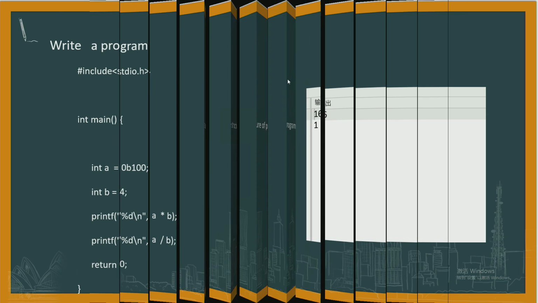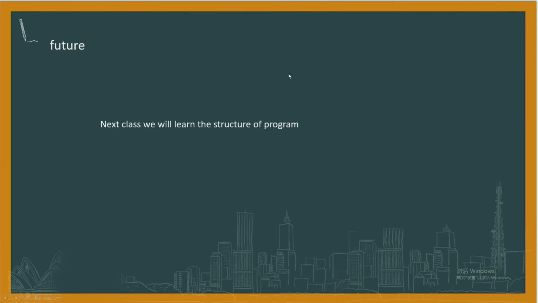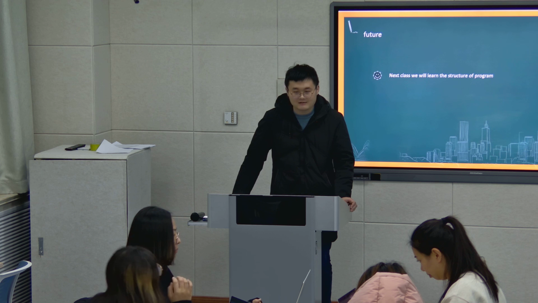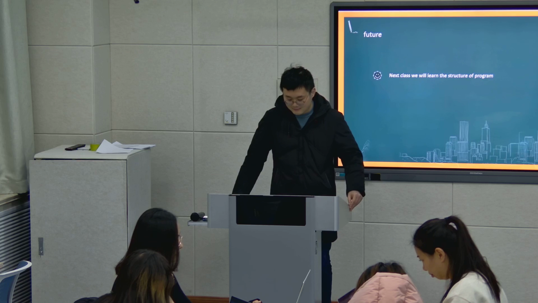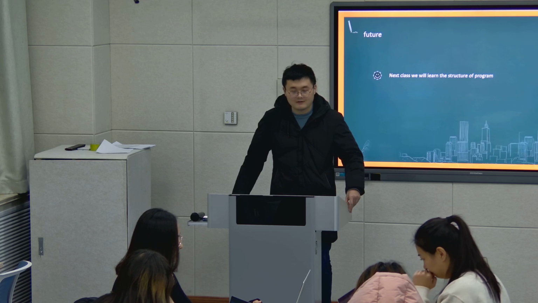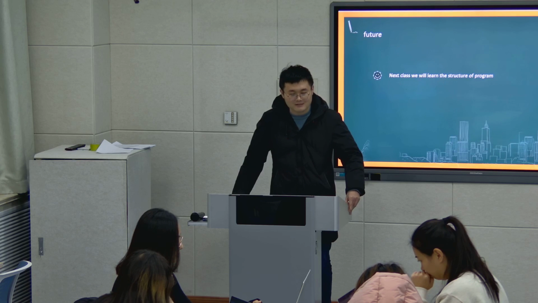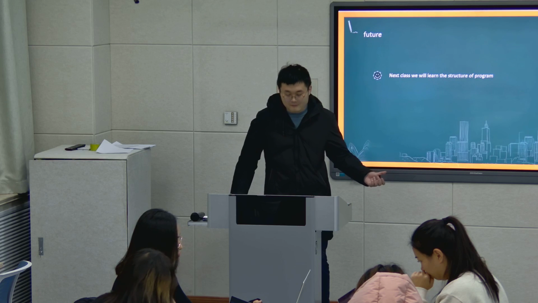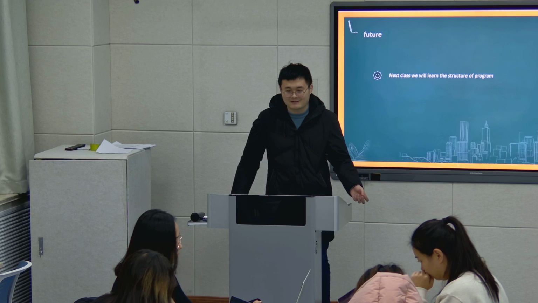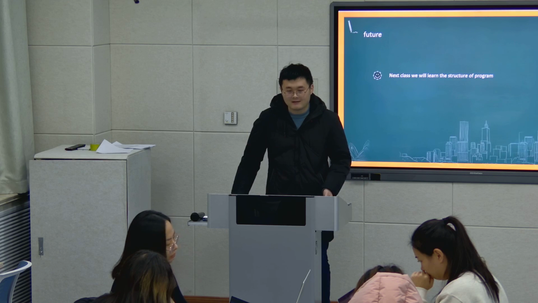So in the next class, we will learn the structures of a program, which means the sequence structure, the loop structure, and the select structure. So in this class, what we have learned is also a sequence structure. The program starts from the first line and ends at the last line, right?